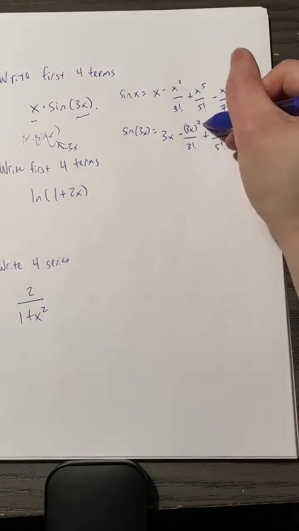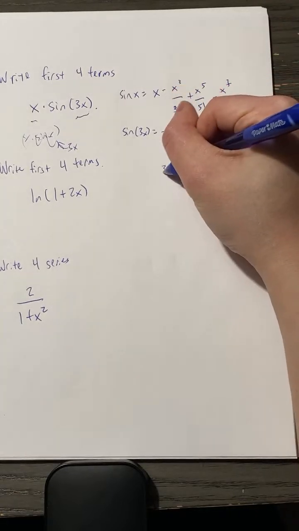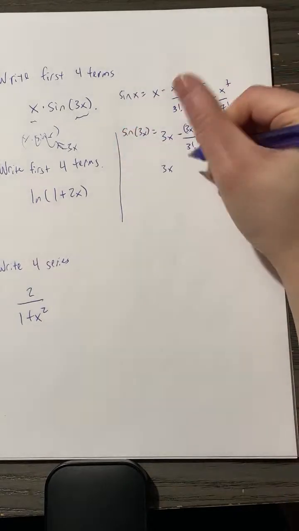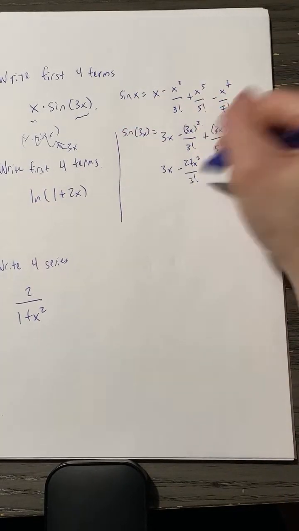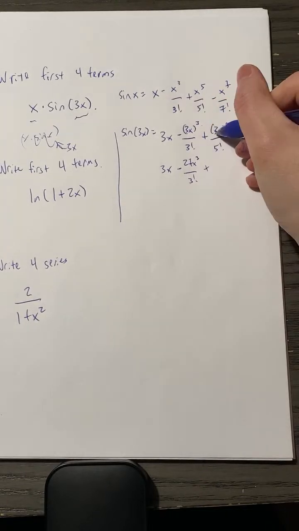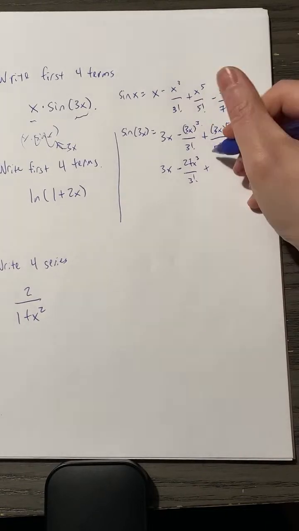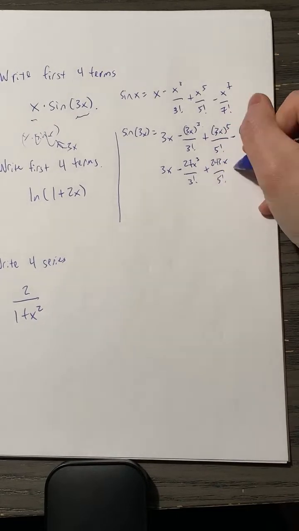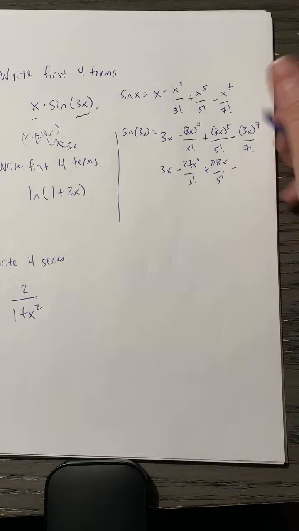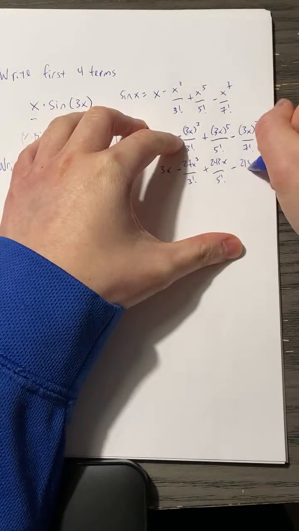But again, the 3 is being raised to the exponent. So if you were to simplify, it'd be 3x minus 27x cubed over 3 factorial, at least showing myself that the 3 is also being raised to the power. And then this 3 to the 7th is my favorite number in the world, 2187.